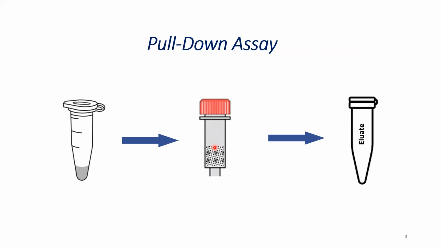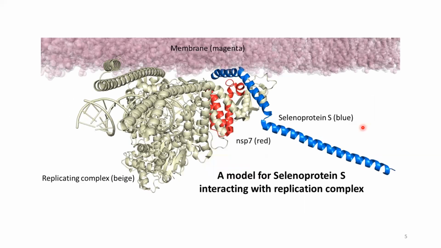And after washing, if those two proteins are interacting with each other, we can detect both of them in the eluate. And actually, from these sets of experiments, we could find out that these two proteins, NSP7 and seleno S, are interacting. And now we know that the membrane part is involved in this interaction.